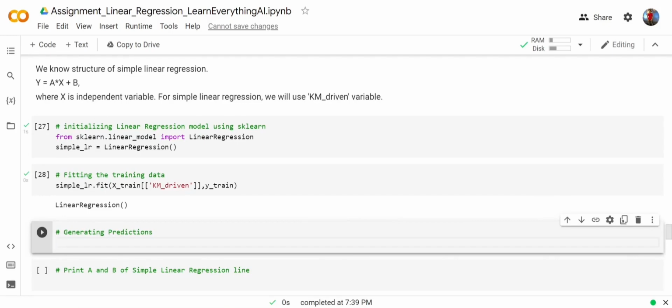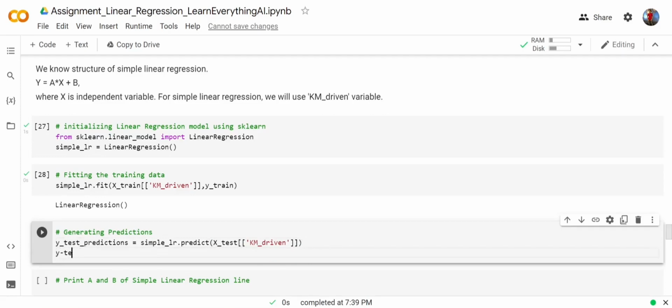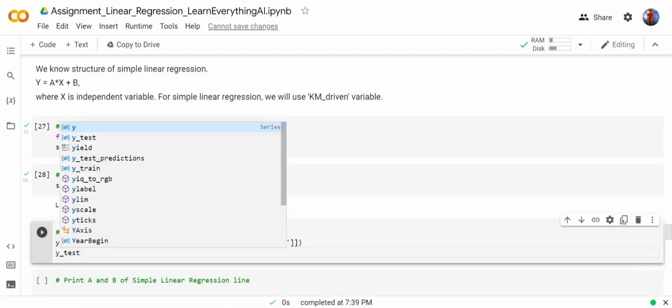And now we will generate the predictions, the predicted analysis. So this is done by using simple_lr.predict, and we'll use the X_test, and then we will print these predictions.